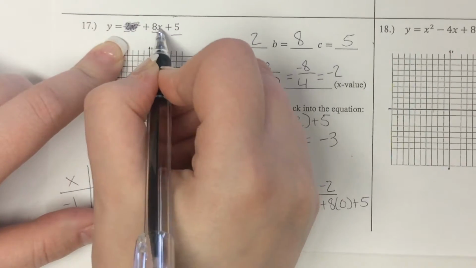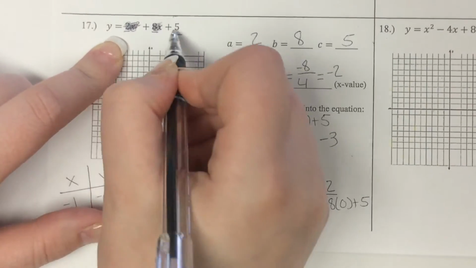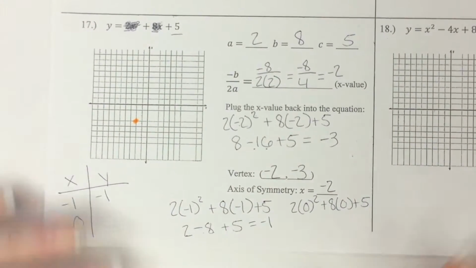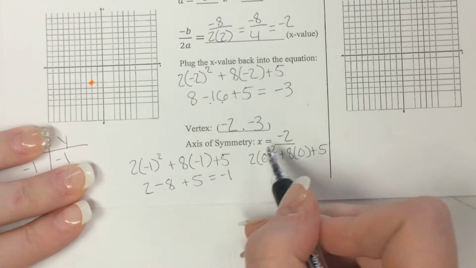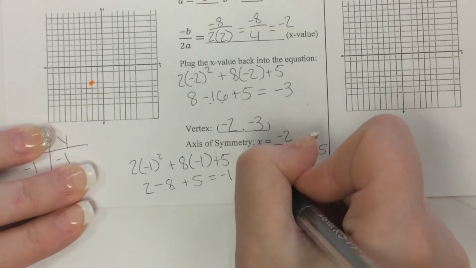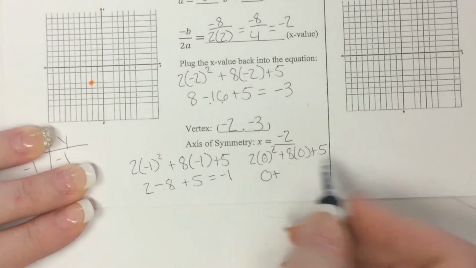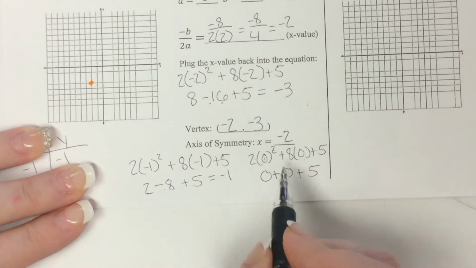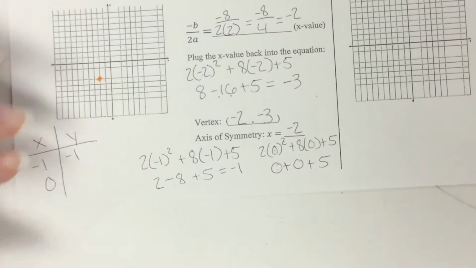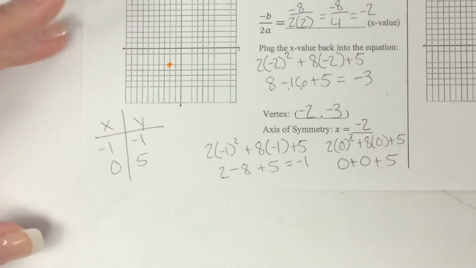Same thing here, 8 times 0, that's gone. It's always just going to be whatever your constant is. So let me show you what I mean. 0 squared is 0. Times 2 is still 0. So you have 0 plus 8 times 0, 0 plus 5. Okay, 0 plus 0 plus 5 is 5, which is just what the constant was.